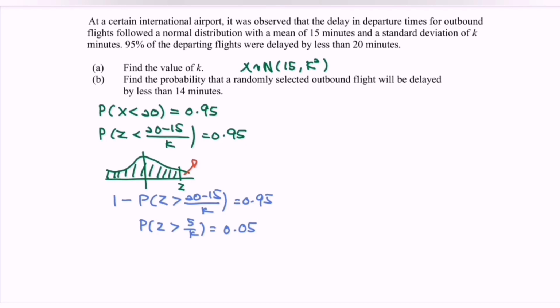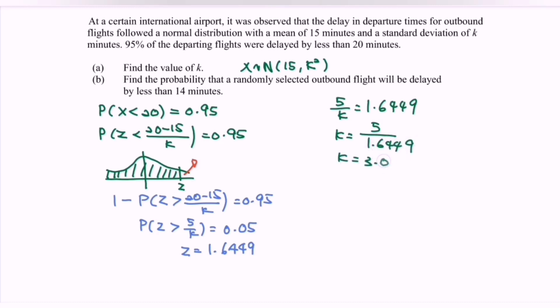So kindly refer to the statistical table, page 23, and we notice that we have Z equal to 1.6449. So kindly equate: 5 over k equates to 1.6449. So k will be equal to 5 over 1.6449, so k will be equal to 3.04.